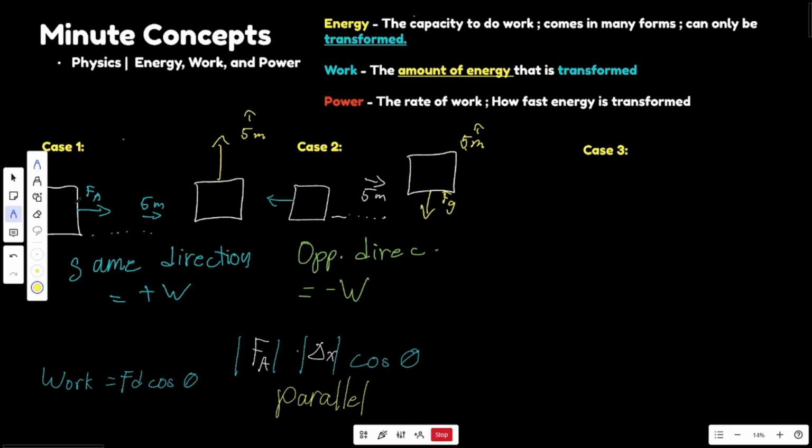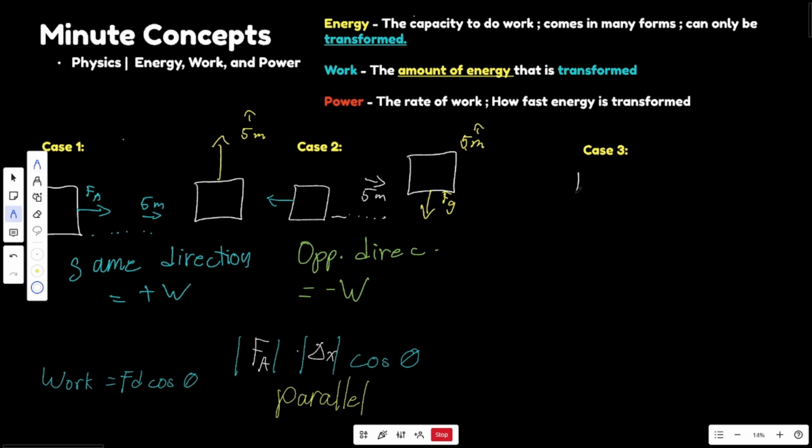And now there is also the final case where work just doesn't happen. And there are only 2 scenarios where this can happen. So in a scenario where an object is experiencing a force but does not move, that means there is no work done. That's basically multiplying the force by 0 because it's not displaced.